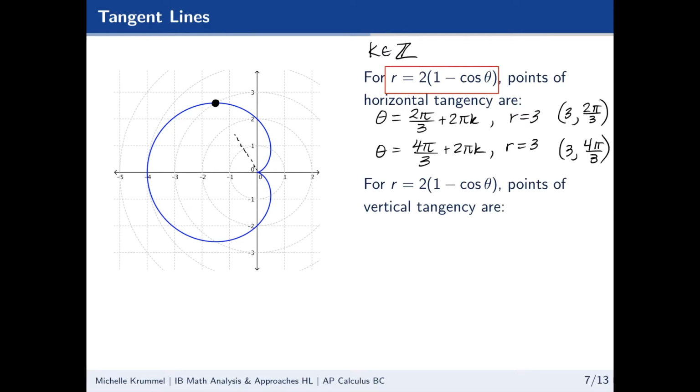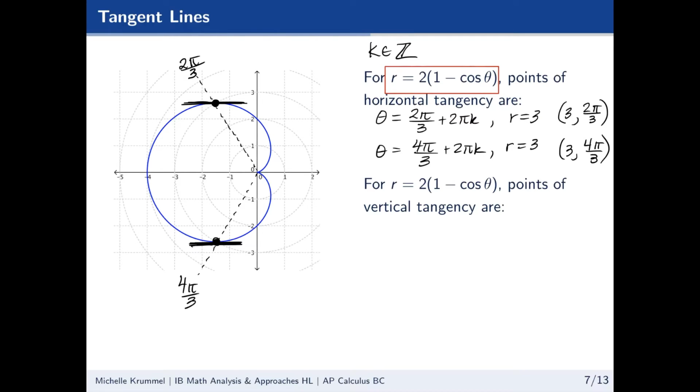Okay, so there's our angle 2 pi over 3. And then if we follow along a radius of 3, we also have this point right here where r equals 3, and that is our other angle, 4 pi over 3. And it does in fact look like the tangent line at those points would be horizontal.